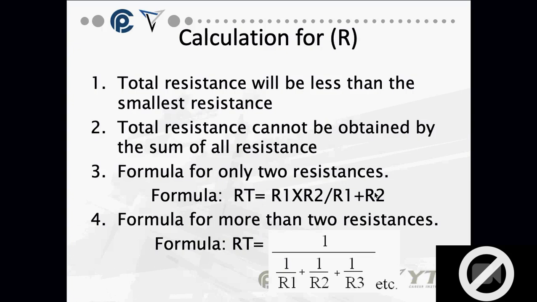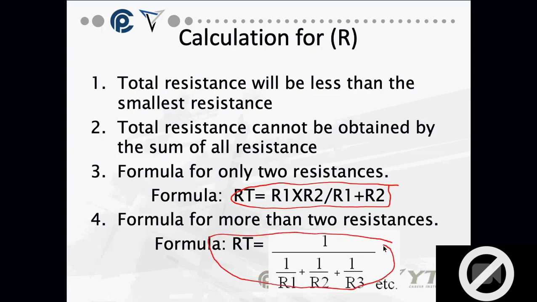You have to use a resistance formula. Now, this one will work if you only have two resistances. The one I would like you to remember is this one, because it always works. RT is 1 over the reciprocal of R1 plus R2 plus R3.